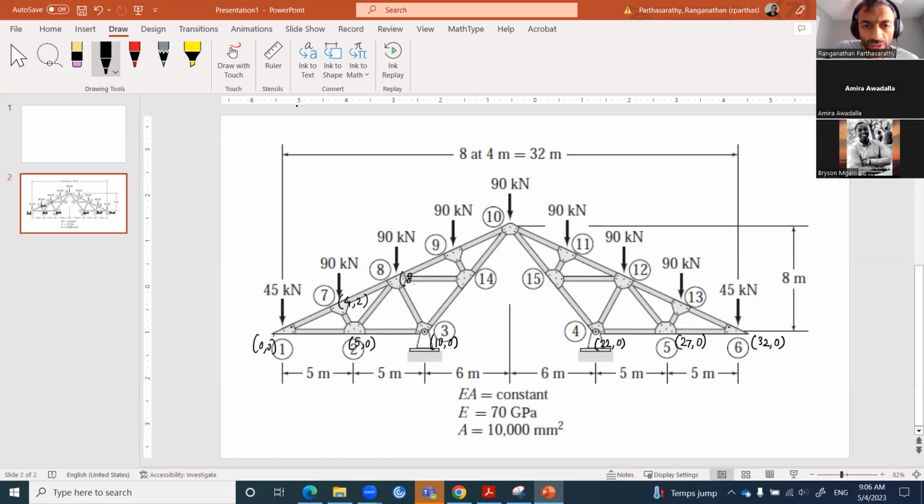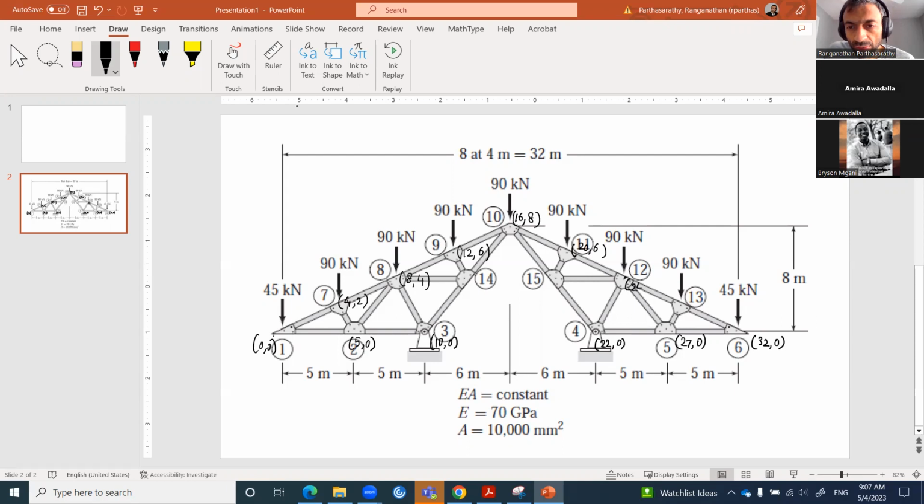X is 8, Y is 4. X is 12, Y is 6. X is 16, Y is 8. X is 20, Y is 6.